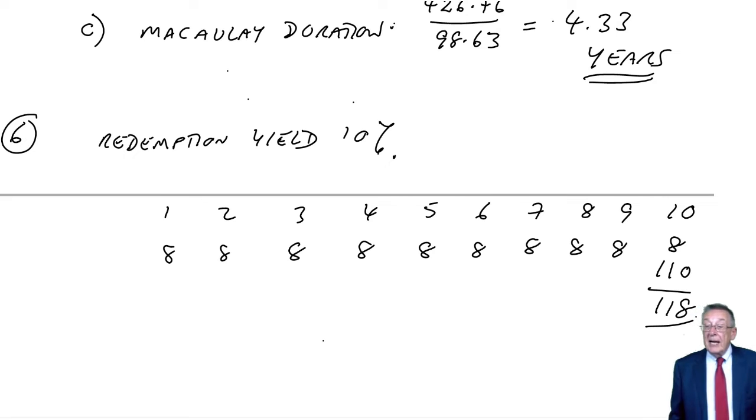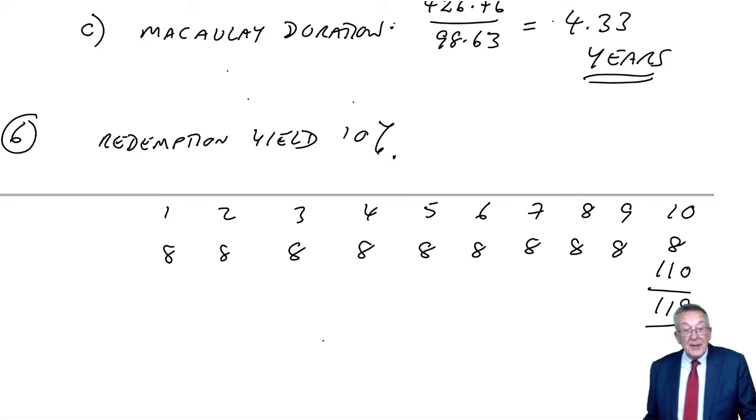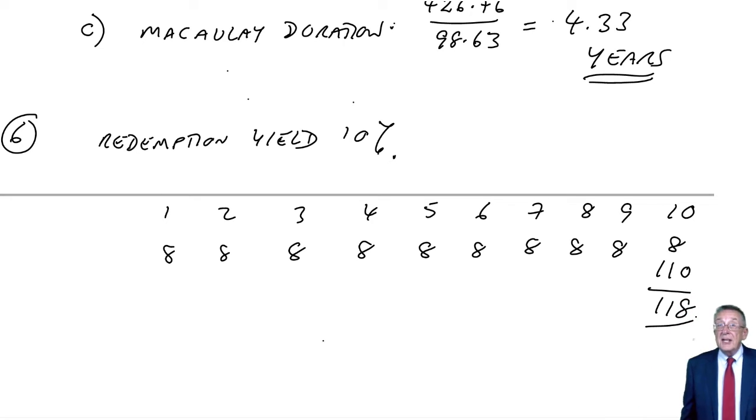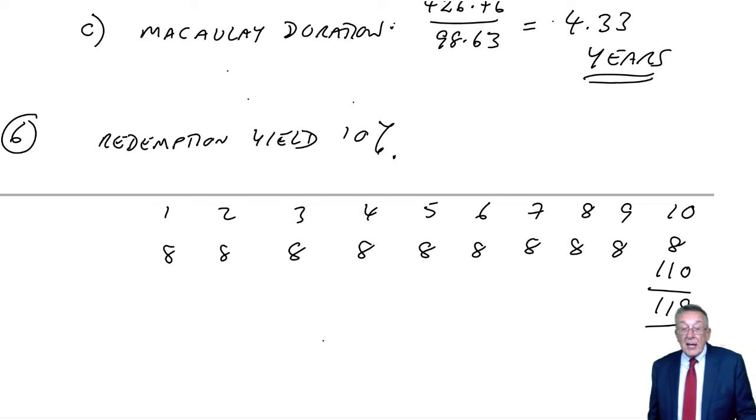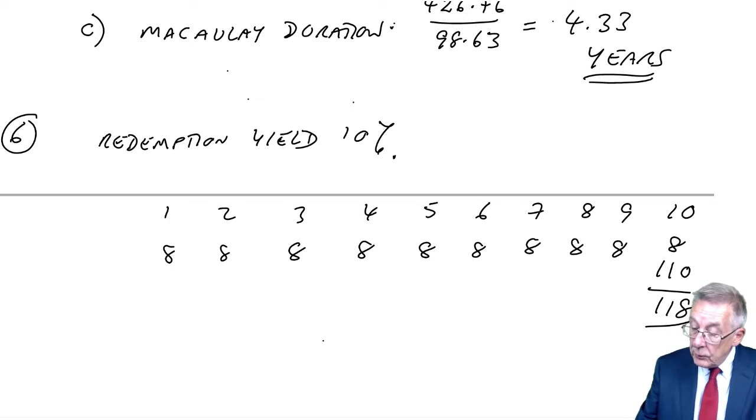To get the Macaulay duration, we'll discount at the redemption yield of 10%, get the present values, and add them up. That'll be part A, the total of the present values. But we'll then do part B. We'll multiply each of them by the number of years and add them up, and then divide one by the other.